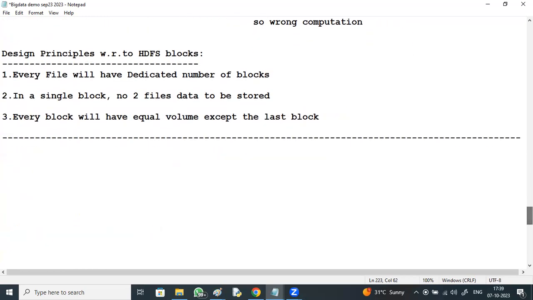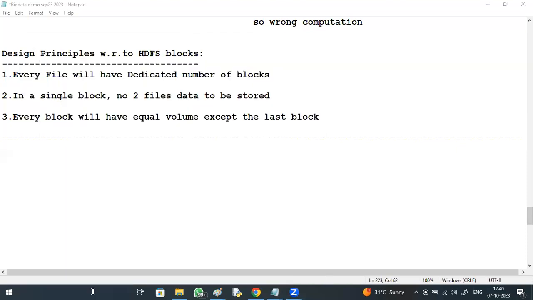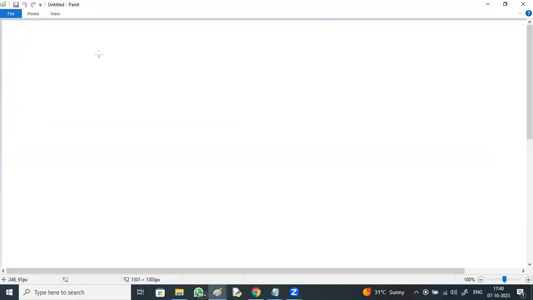Okay, next. Just observe these things: how exactly the data storage and data processing is going to happen. Try to understand this. I'm going to discuss 3 cases.